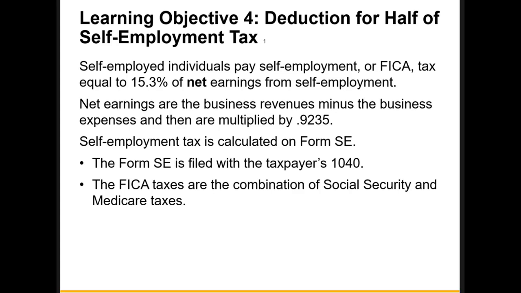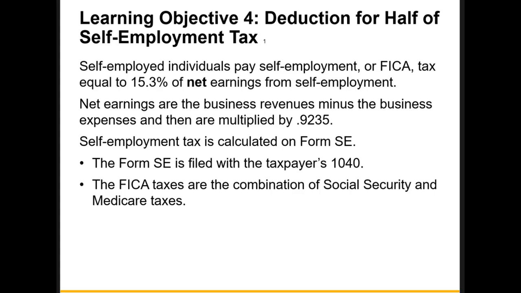The deduction is for half of the net earnings of the self-employment tax that they pay, sometimes referred to as FICA tax. And that is for people who are self-employed, and they pay 15.3% of their net earnings from self-employment.